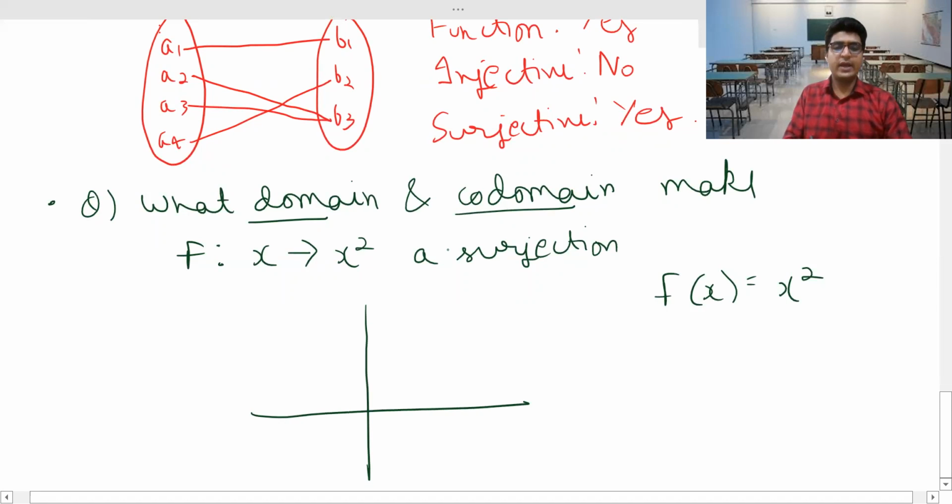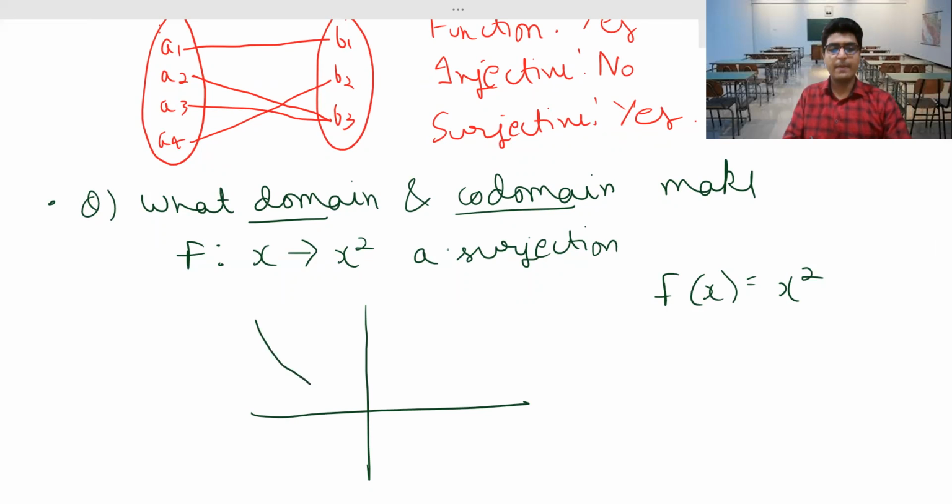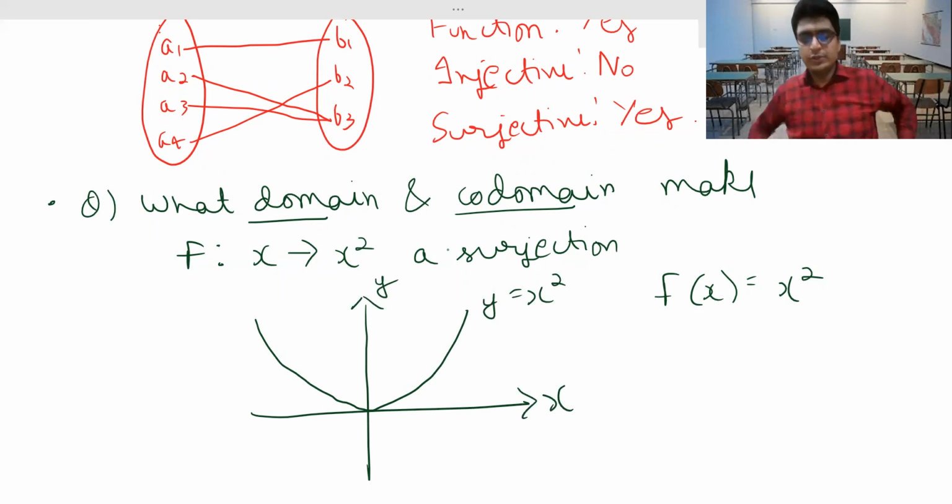So we know that the graph of the function x square looks like this. Okay, this is y equal to x square. The definition of surjectivity or surjection says that for each y there should be at least one association.